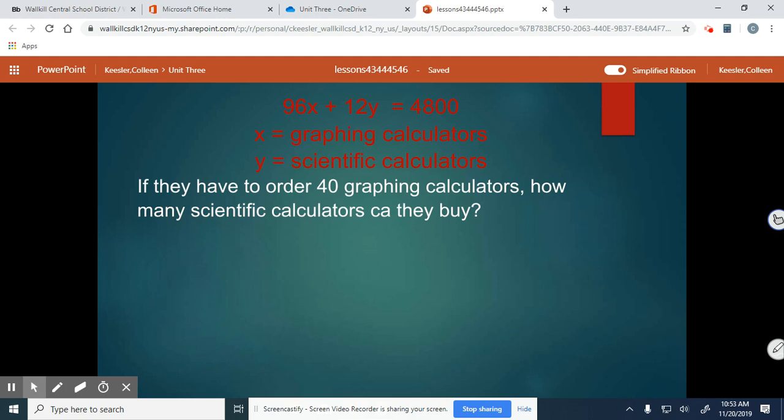So now we have, if they have to order 40 graphing calculators, how many scientific calculators can they buy? Missing an N there. You can fill that in if you'd like. So again, 40 is the X because we have graphing calculators. So it's 96 times 40 plus 12Y equals 4,800.